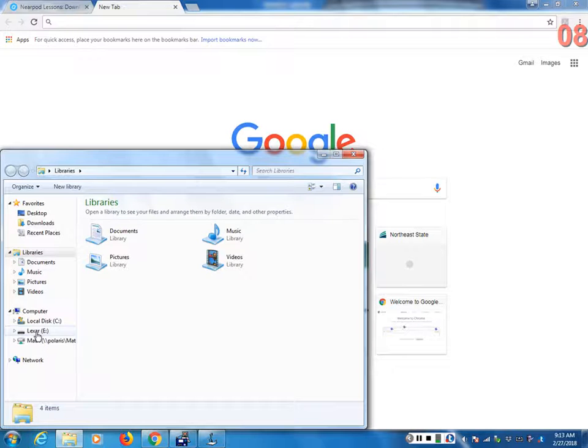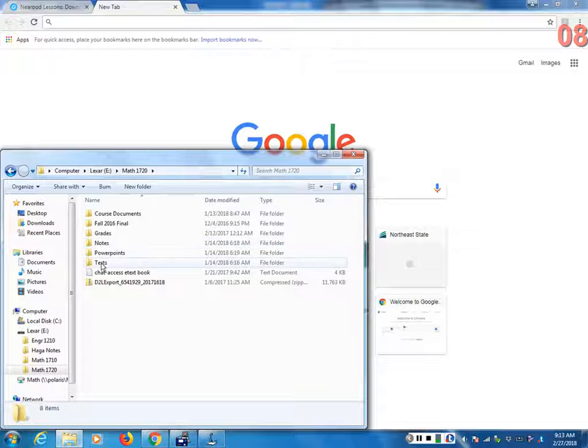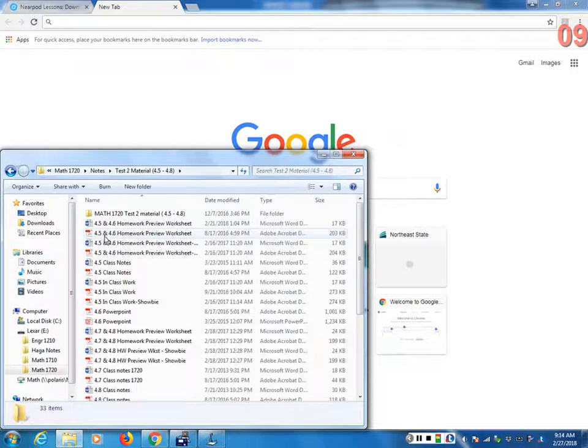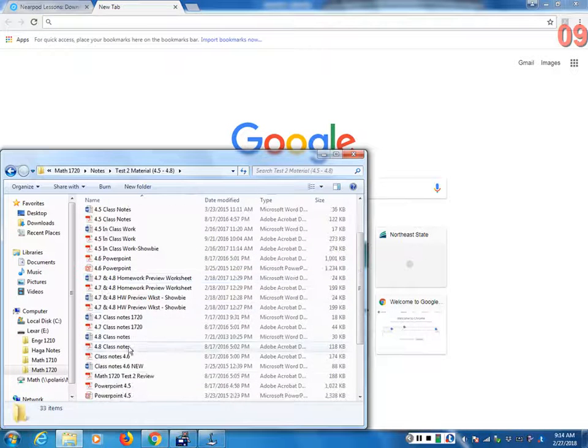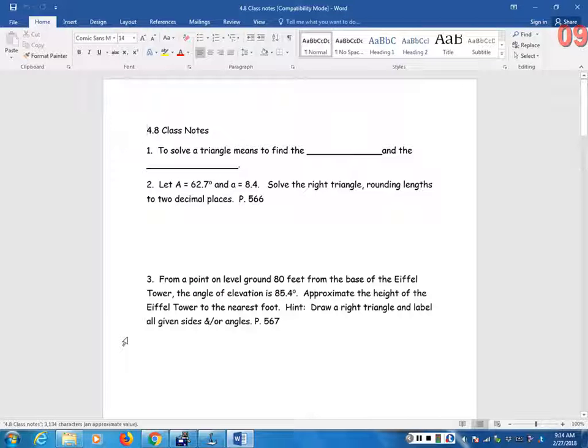Test 2 material. He gave me a brilliant idea where I can just go into Word and enter spaces, so I think I'm going to do that real quick. This is the compressed version.